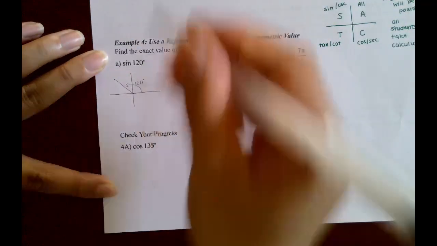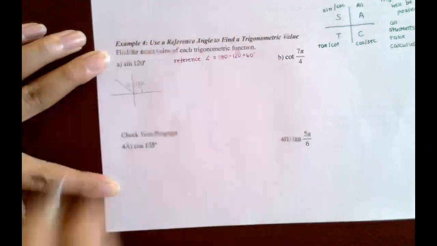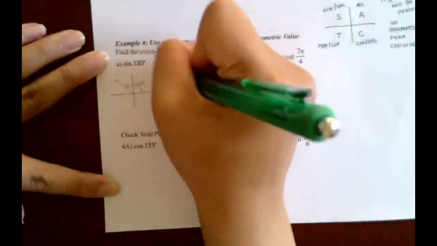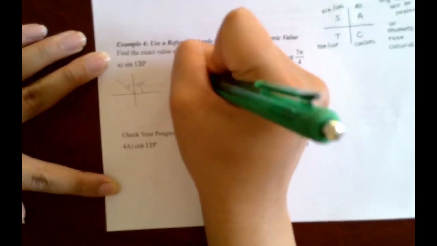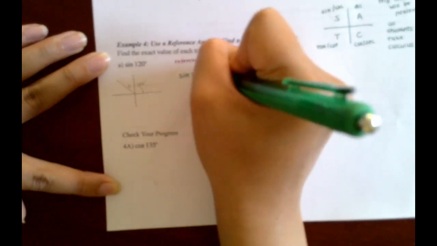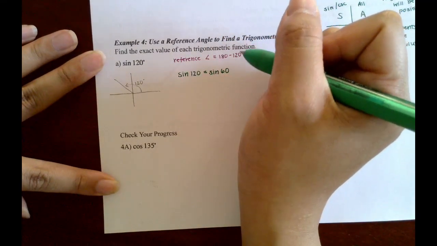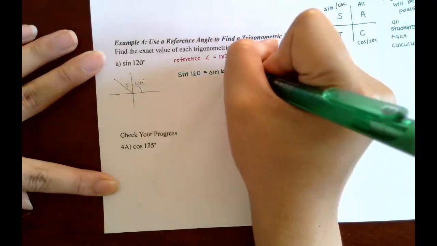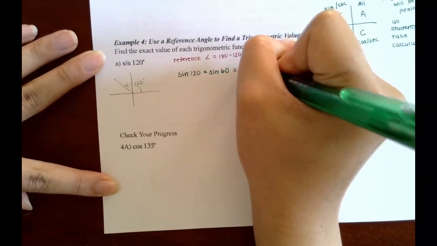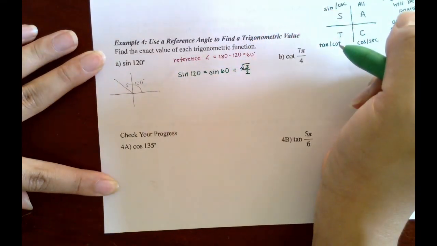So then part of it is just telling us that sine 120 is the same as sine of 60. And then sine of 60 is square root of 3 over 2.